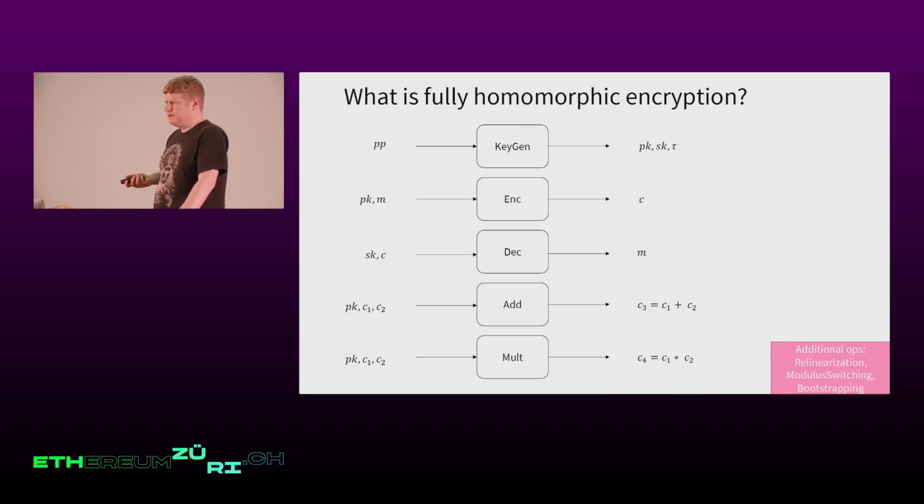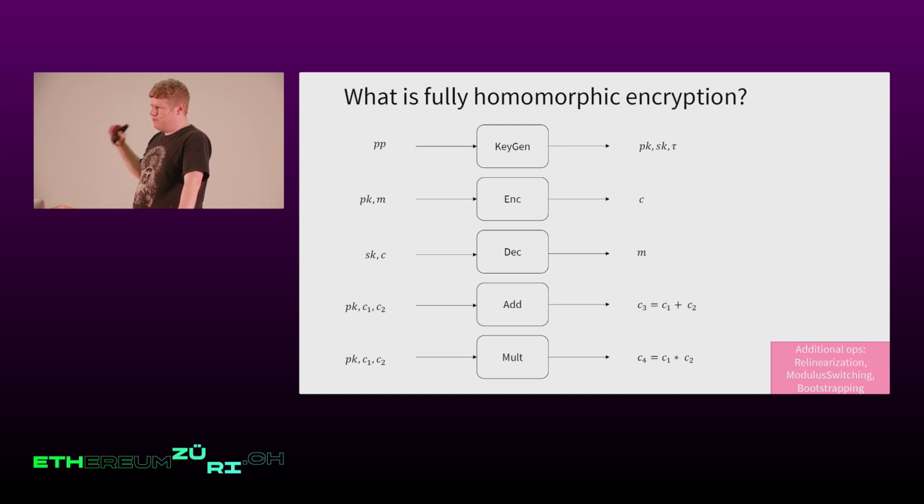There's an additional operation called bootstrapping. All FHE schemes today use a branch of cryptography known as lattice cryptography. This means that they are quantum safe, but they unfortunately have this side effect called noise. Noise is what accumulates as you perform these add and multiply operations: you get more and more noise in the resulting ciphertext.